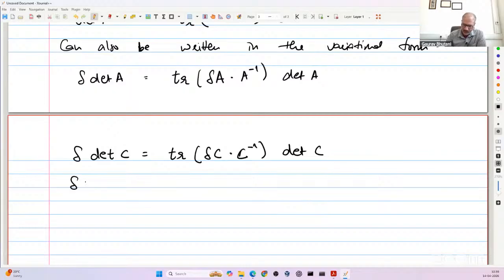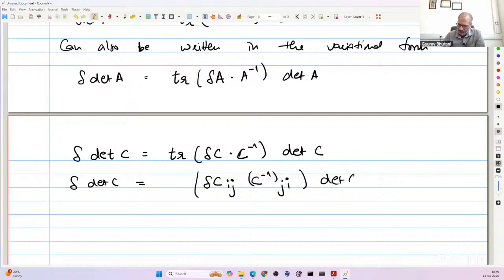This is still partial determinant C, and then there's an inner product. So I can write this as the partial Cij, and then you have a C inverse Ji here. So that's basically the trace of partial C dotted with C inverse, and then you have determinant of C here.